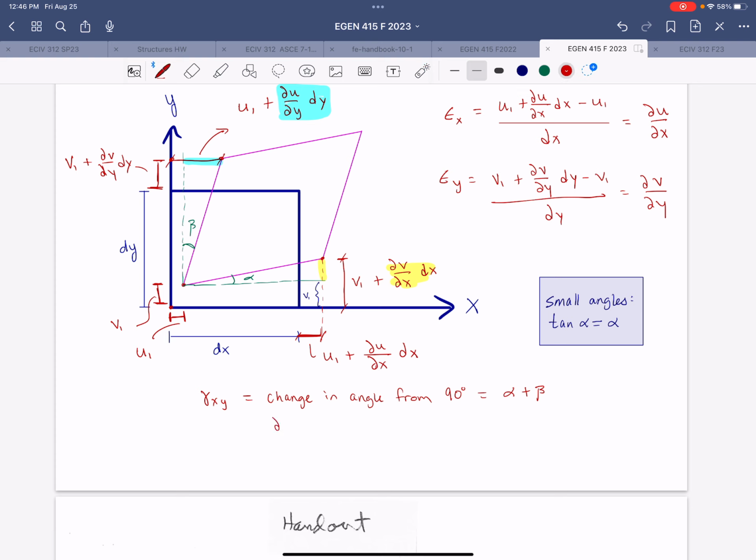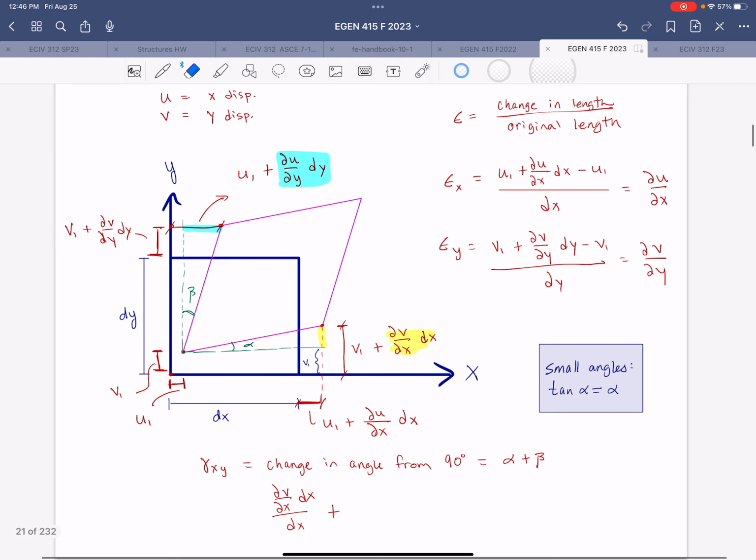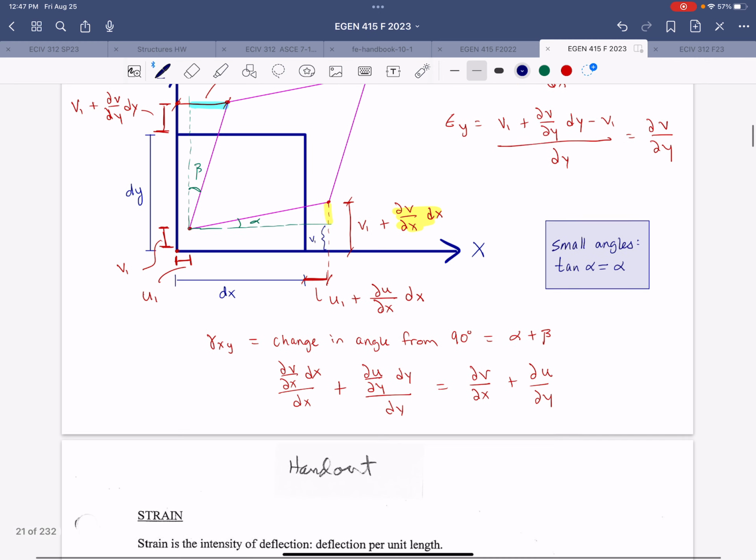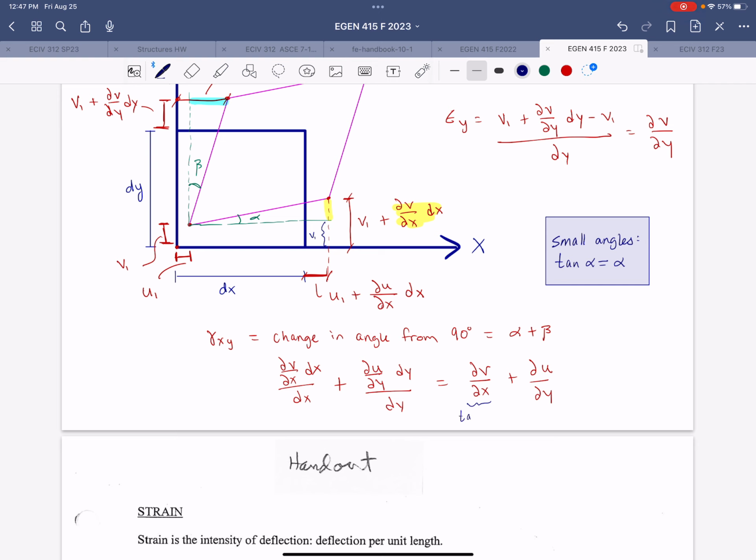So we've got partial derivative of v with respect to x dx divided by dx, plus beta, which is going to be this term right here, divided by dy. So that's partial derivative of u with respect to y, dy divided by dy. And that simplifies to partial derivative of v with respect to x plus the partial derivative of u with respect to y. So that's using that small angle theory, tangent alpha is equal to alpha, and tangent beta is equal to beta.